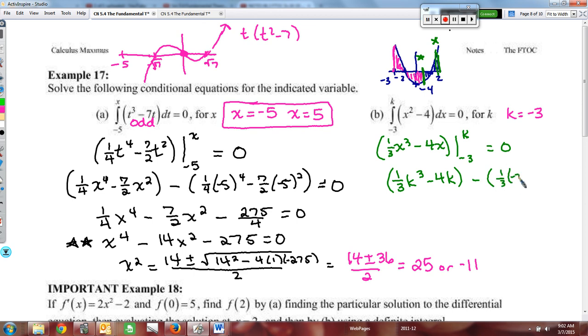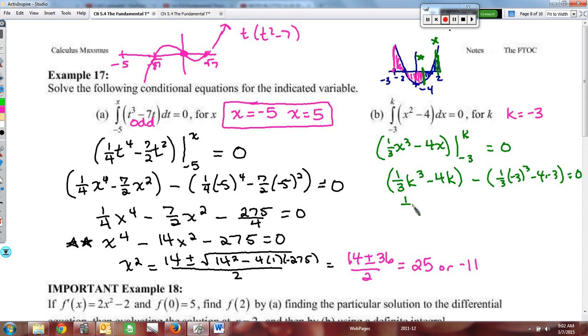So 1/3 negative 3 cubed minus 4 times negative 3. Of course, this is equal to 0. We do some arithmetic here. This is negative 27, divided by 3, negative 9, plus 12. Negative 9 plus 12 is 3.